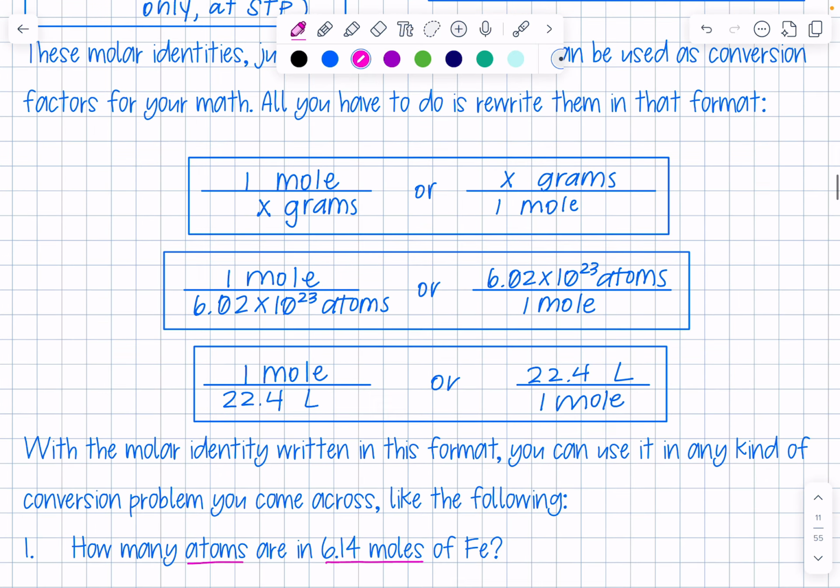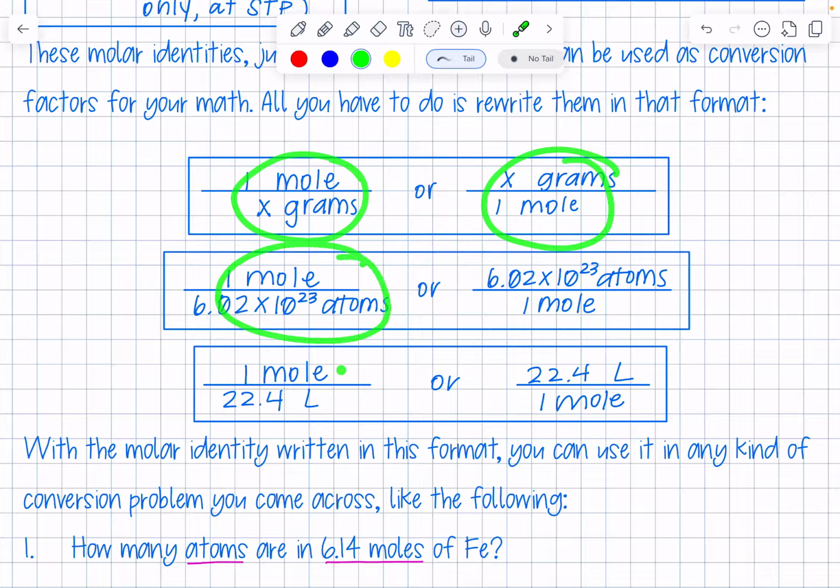If I go up here, there is no conversion factor that has molecules and liters in it. However, every single one of these has one common factor in it, and that is the number of moles. So if we can get into moles from one unit, we can then get out of moles to another unit. So that is what we're going to be doing here.